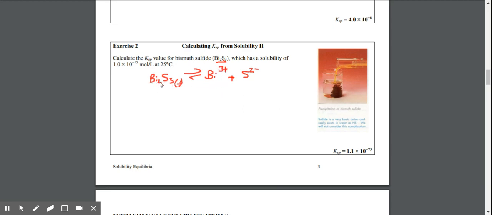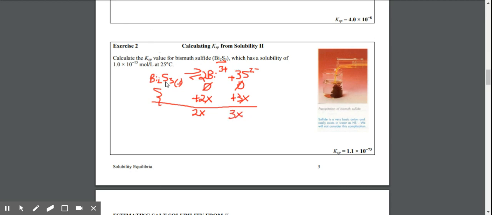Now we have to make sure our reaction is balanced. So there's 2 bismuth there, so I need to put a 2 here, 3 sulfurs here, so I got to put a 3 there. Now let's finish out our ice chart. So 0, 0, plus 2x because of the 2 coefficient, plus 3x because of the 3 coefficient. So I know this is 2x, and I know that this is 3x.